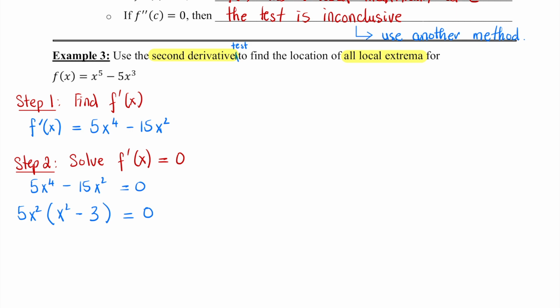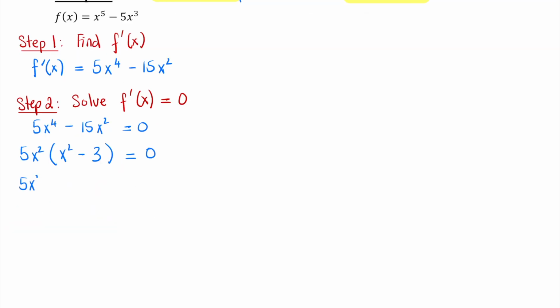And we set 5x squared equal to 0 and x squared minus 3 equal to 0. To solve for x from this equation, I'll first divide both sides by 5. So I have x squared equals 0. Then I take the square root of both sides. So I have x equals 0.